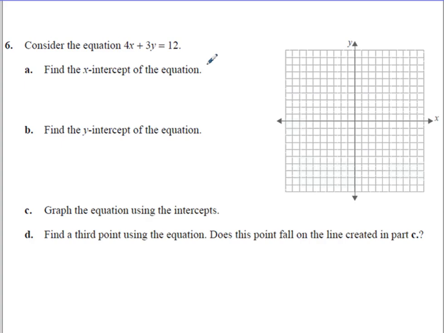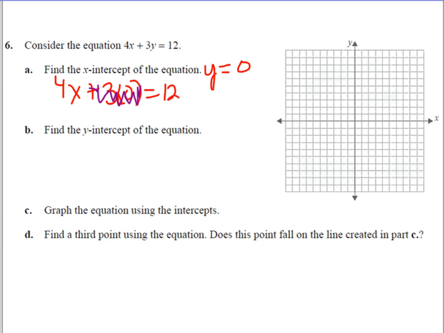So here's an example for us to try. For the x-intercept, again, reminder, y equals 0. So we have 4 times x plus 3 times 0 equals 12. Anything times 0 is 0, so I was thinking of just eliminating this piece altogether.